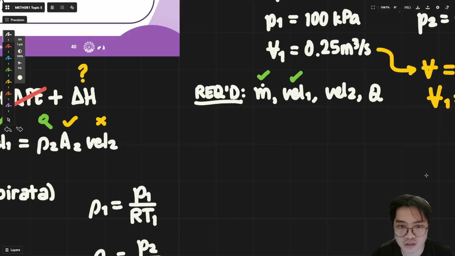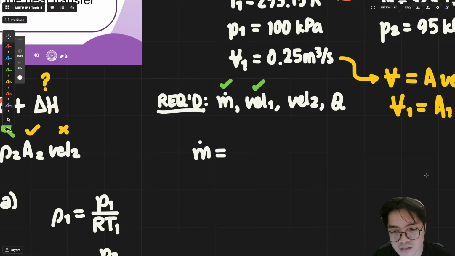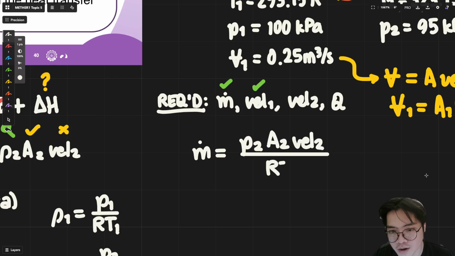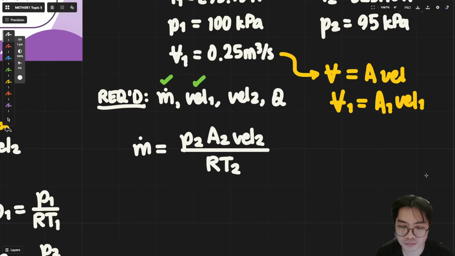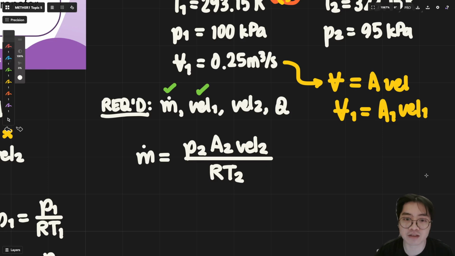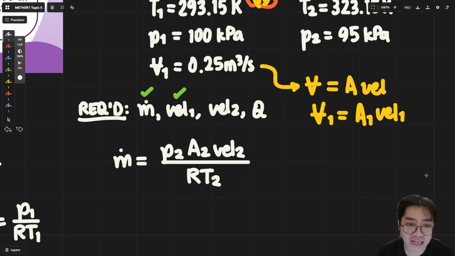Right? So we can just get m dot, which is now equal to rho 2 V dot 2, or in this case, A2 vel2, all over R times T2. In this case, your vel2 is now the thing that we can find. And technically, what you can do is you can shift solve.